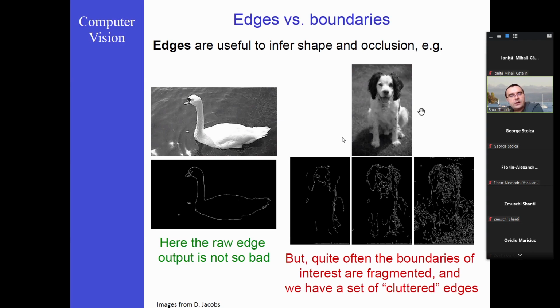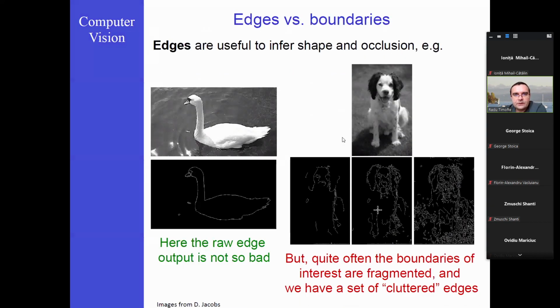However, if we are looking at the dog image, and at different thresholds for the edge detector, we clearly do not get a very nice alignment between the edges and the boundaries of the object. So quite often the boundaries of interest are fragmented and we have a set of cluttered edges.